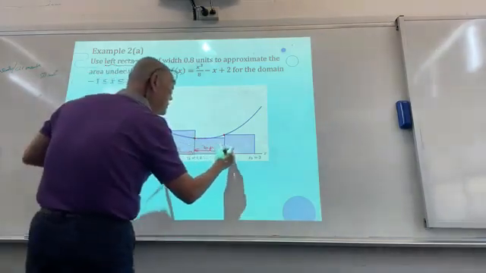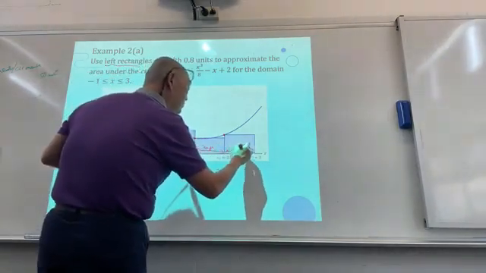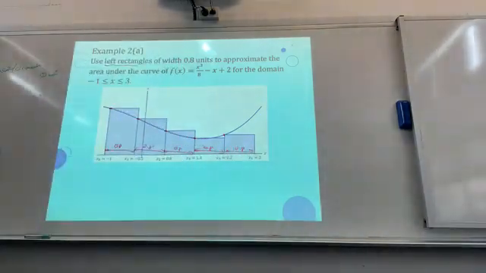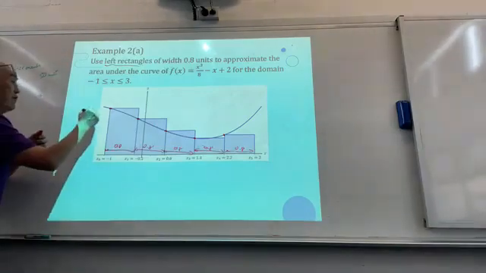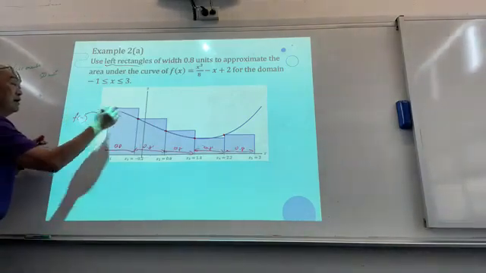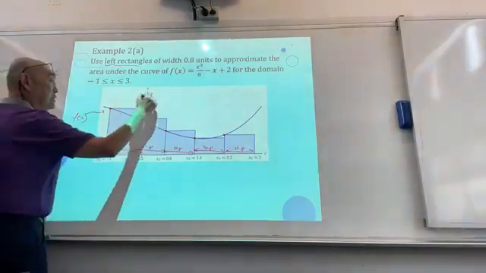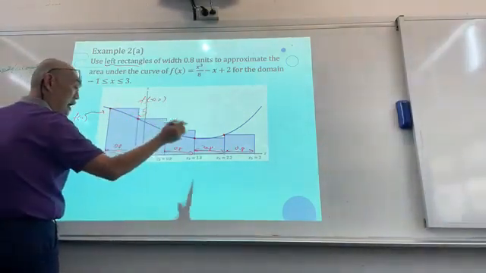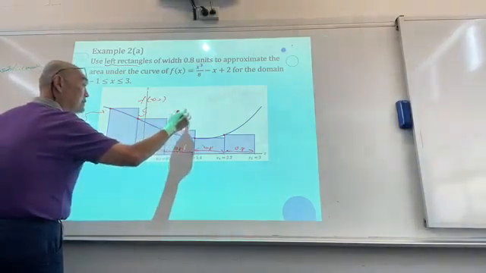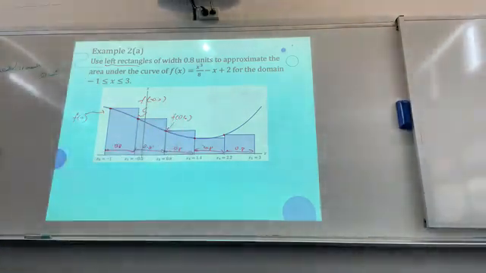You usually use the same width. You shouldn't be changing width. So here you know that this is f of -1. This is f of -0.2, f of 0.6, and so on and so forth. Do you agree with what I'm doing there?